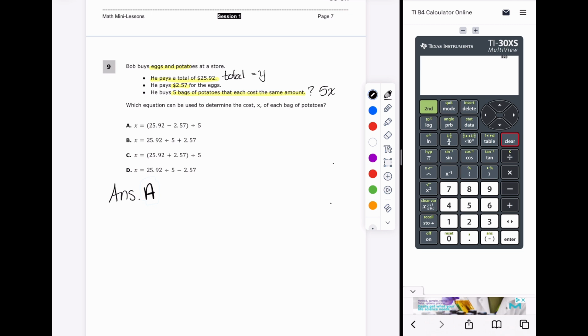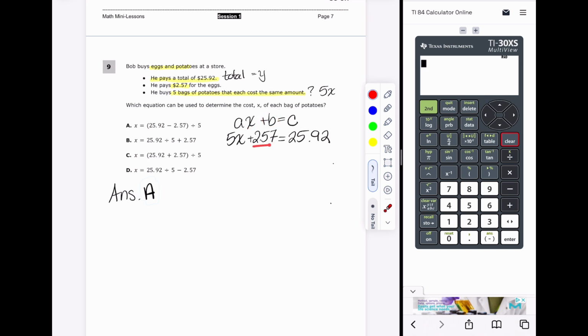All right, so look at how we're going to figure this out. Normally, this would be written in this form: ax plus b equals c. So in this case, we know what c is. We know that altogether he spends $25.92, and he buys 5 packs of potatoes. We don't know how much that costs. That's why we're using x, plus $2.57 for the eggs. So if I want my ax by itself, the first thing I have to deal with is this b, this number right here.